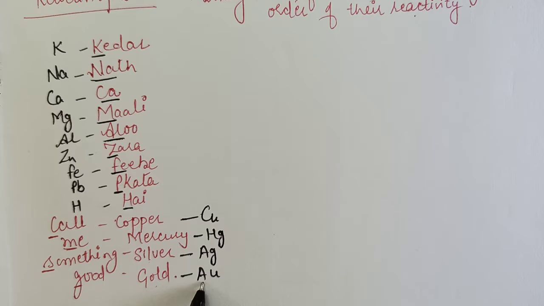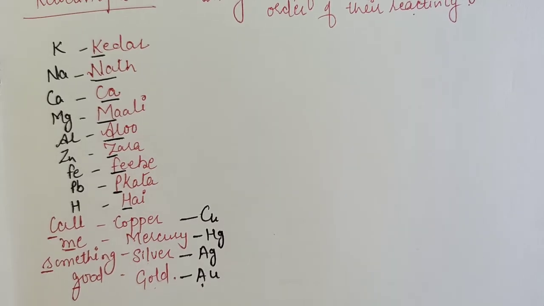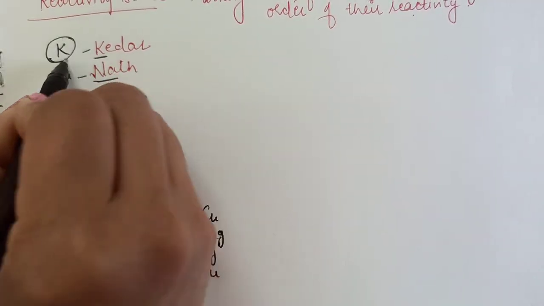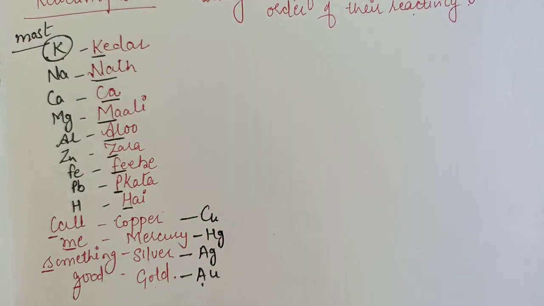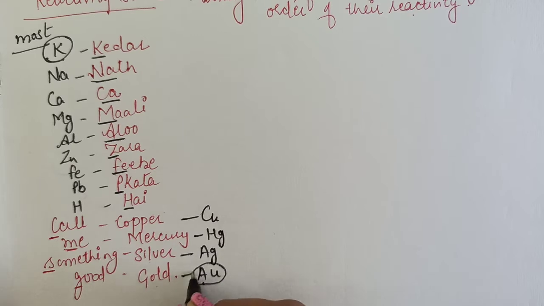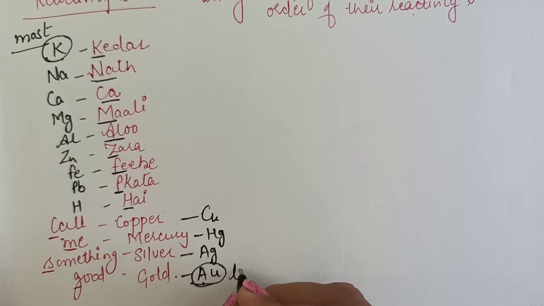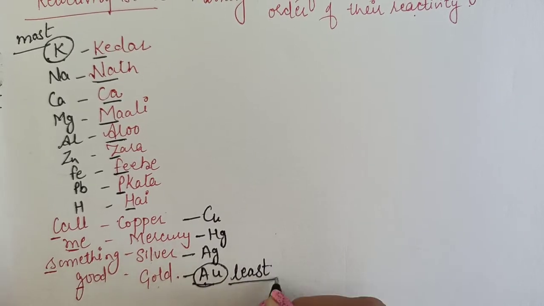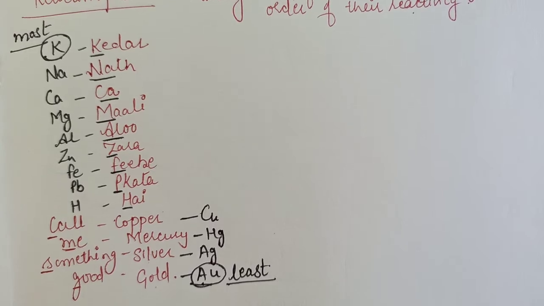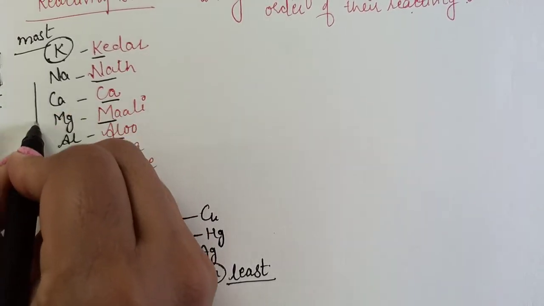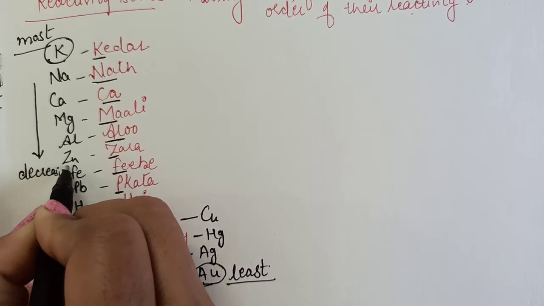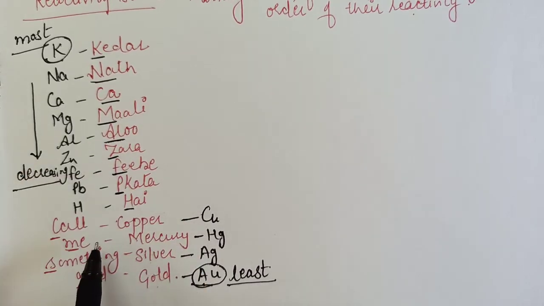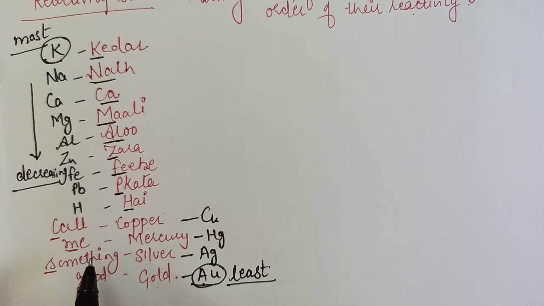Now in this reactivity series, the metal placed at the top is the most reactive, and the metal at the last is least reactive. The metals are arranged in decreasing order. As we move downward in the reactivity series, the reactivity of the metals goes on decreasing.